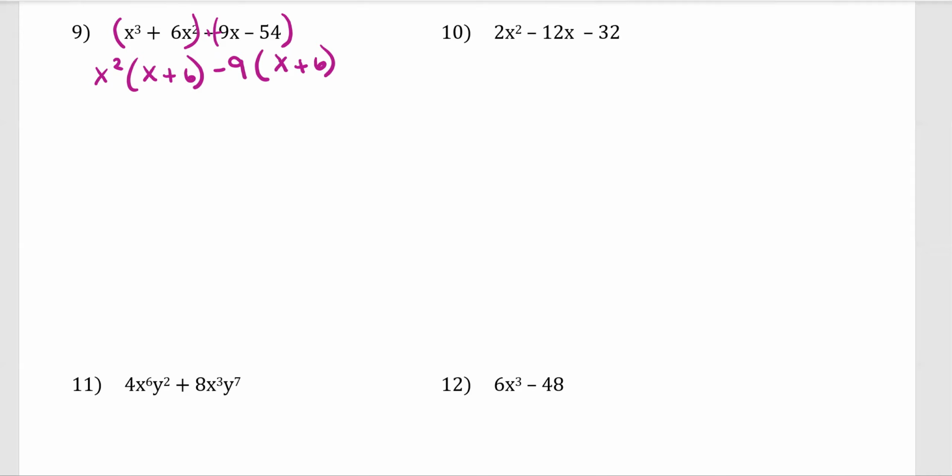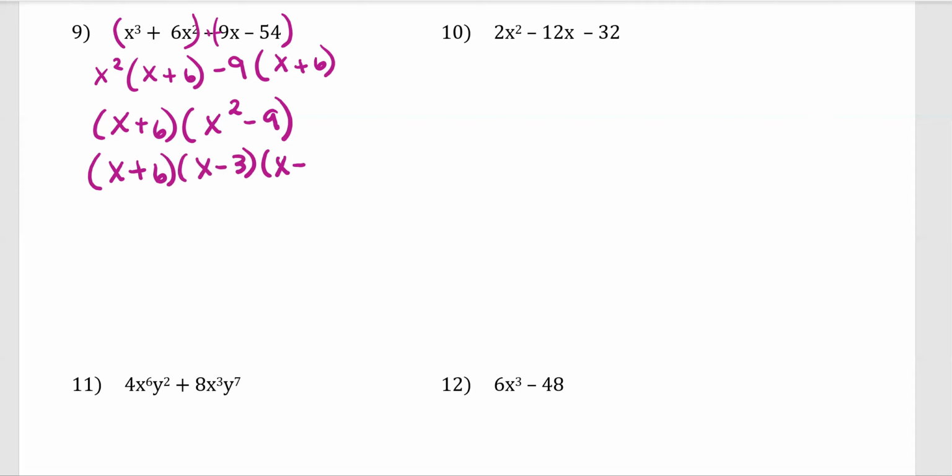So now our greatest common factor is x plus 6. And the other factor is x squared minus 9. X squared minus 9 is a difference of perfect squares. That will factor into x minus 3, x plus 3. So that's what we mean by factor completely.